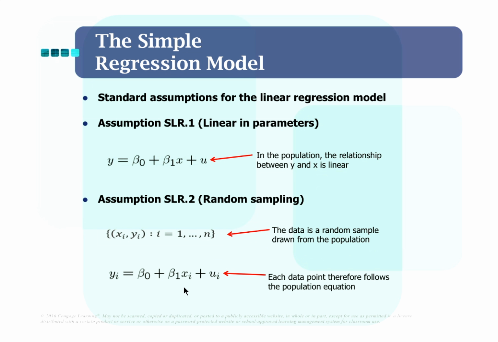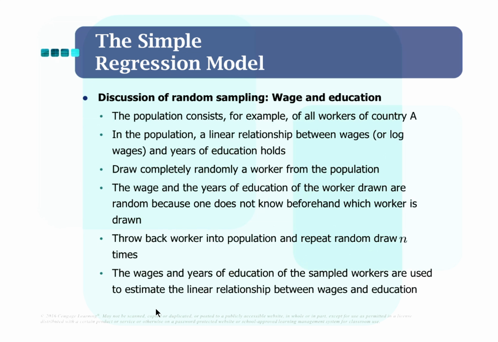Moreover, each data point therefore follows the population equation. We would have a lot of data, but it is very restrictive to claim that your sample is a random sample. In practice, it is very difficult to achieve.